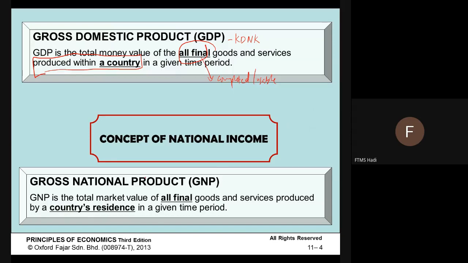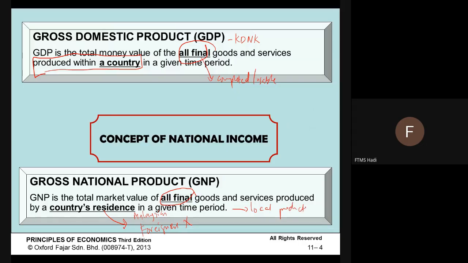GNP is the total market value of all final goods and services produced by a country's residents. Country's residents means that, if you want to calculate GNP for Malaysia, the residents must be Malaysian. Foreigners cannot be counted. That means we're talking about locals, local product and services.